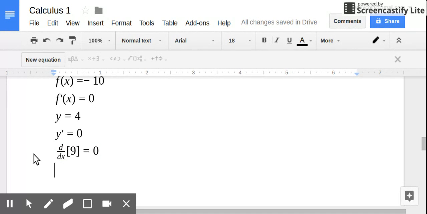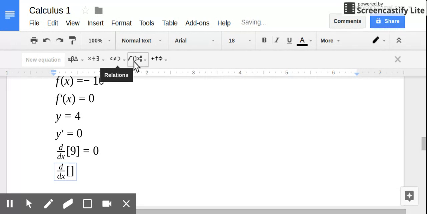Since I finally was able to bring up the equation bar, we'll go ahead and make that, for example, the square root of 10.